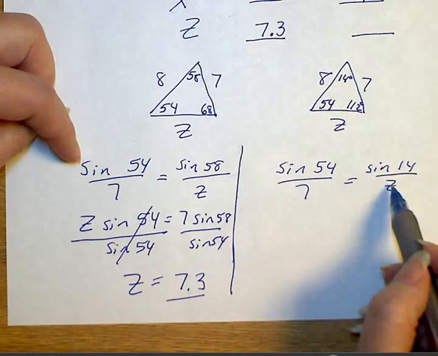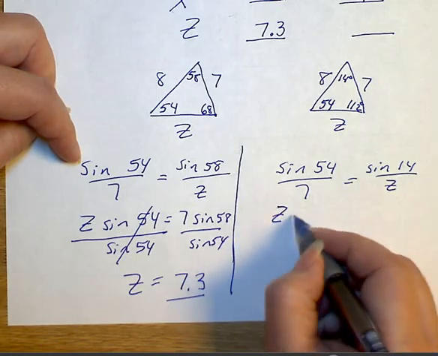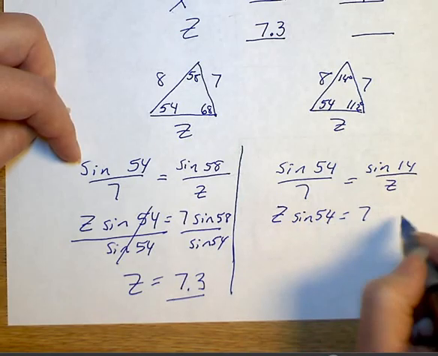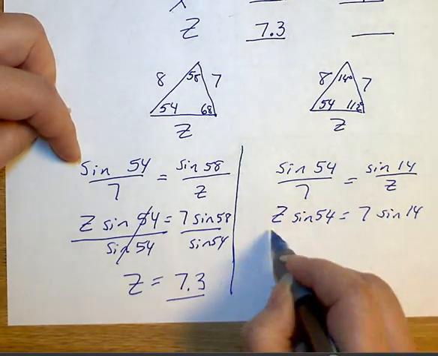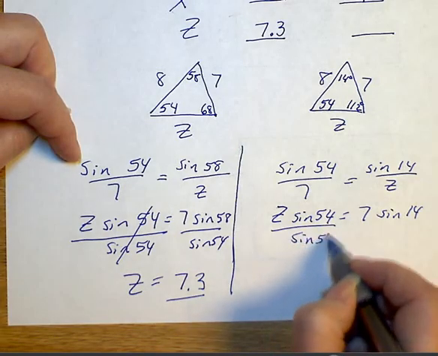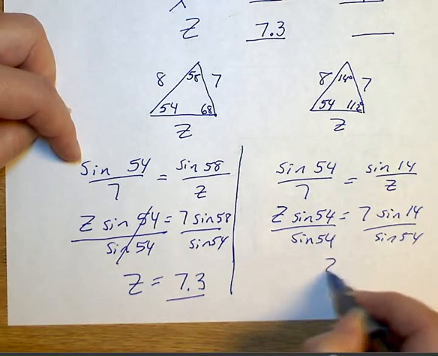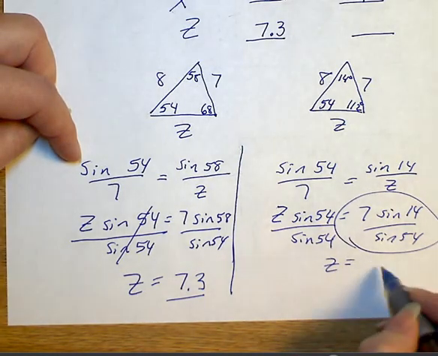Since it's on the bottom, I cross multiply, so I have z sine of 54 is equal to 7 sine of 14. Divide by sine of 54. So z is equal to, throwing that into your calculator, you should have got 2.1.